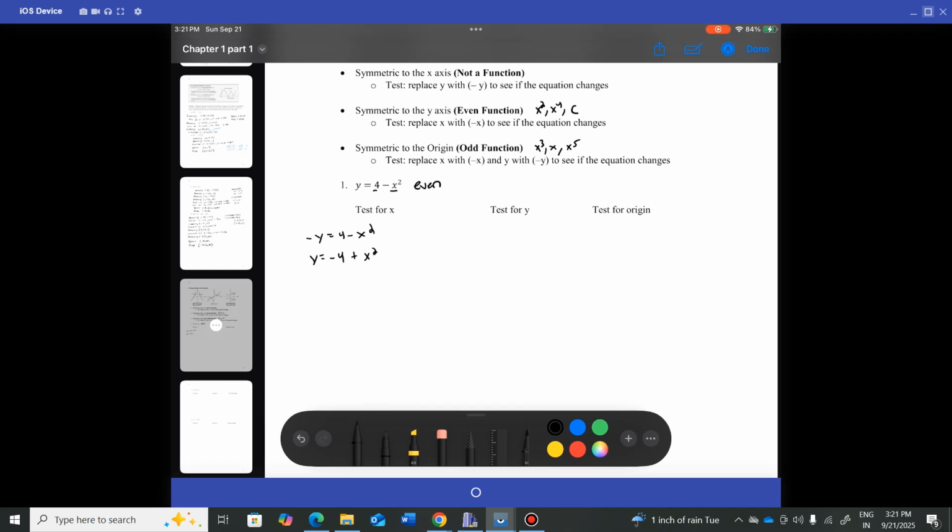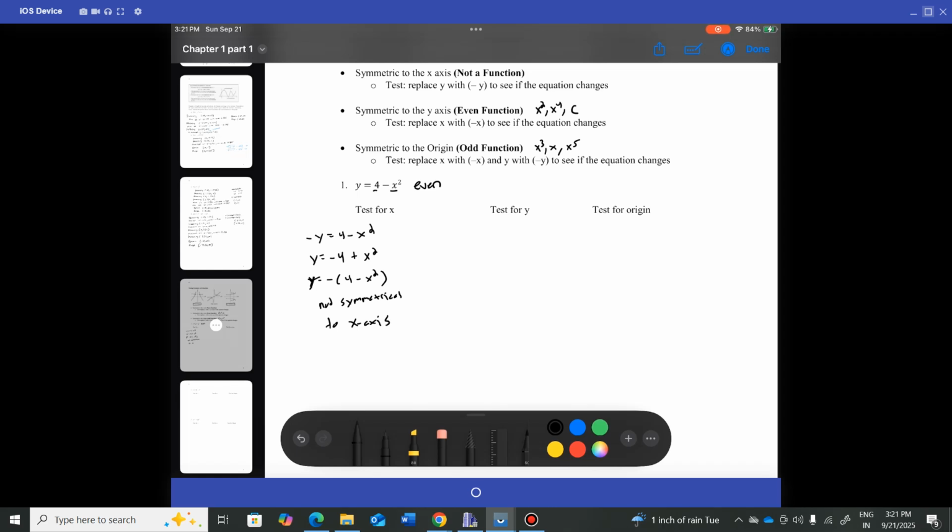I'll try to factor out a negative, and so we don't end up with the same function. We end up with the negative of that function. So this is not symmetrical to the x-axis.